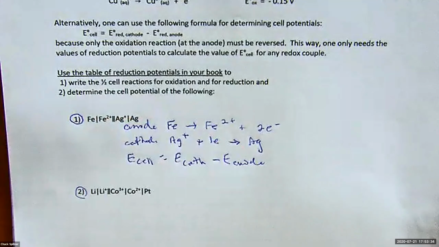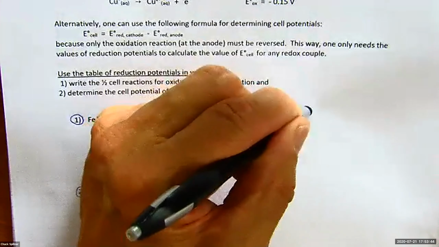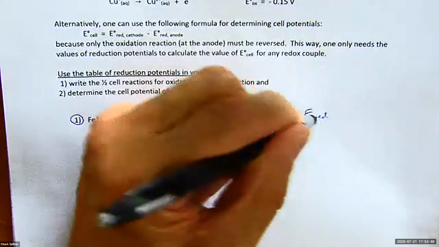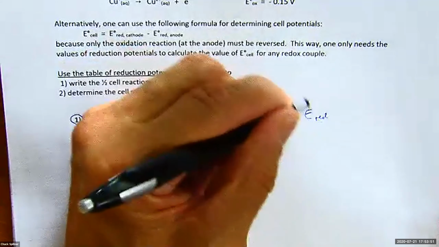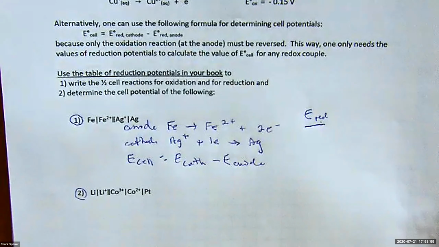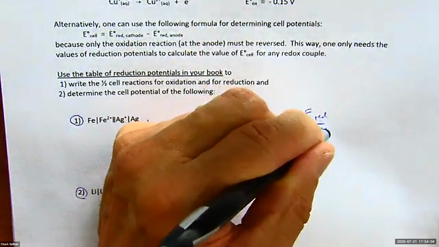So I'm going to look this up on the table. These are reduction potentials. The reduction potential for the iron is minus 0.447.